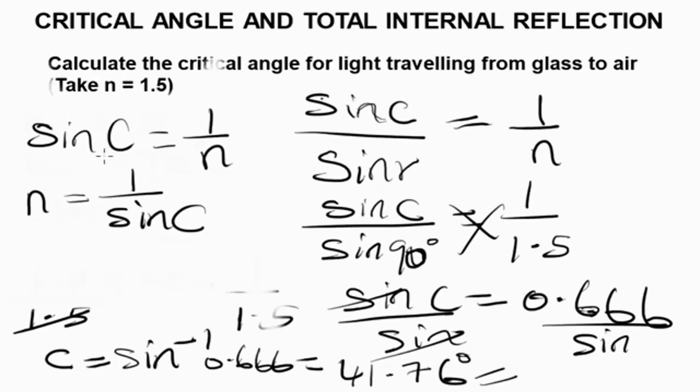So this is basically how you can attempt or solve problems involving critical angle and use it to determine total internal reflection and also identify the relationship between the two of them. That is for this video.